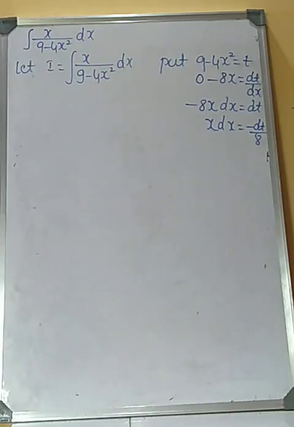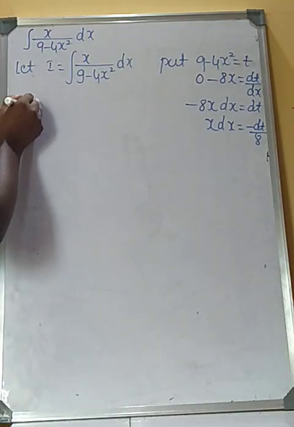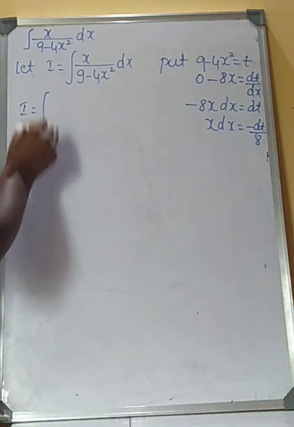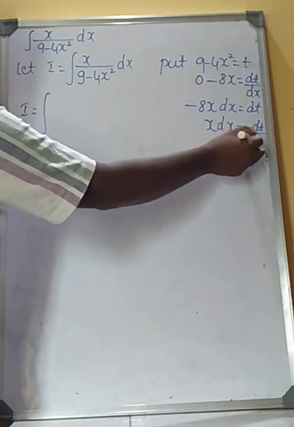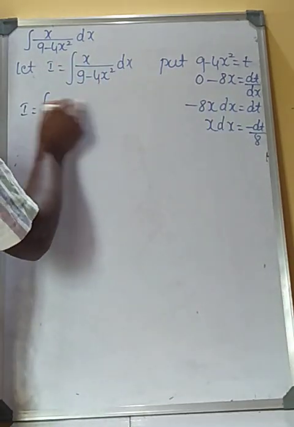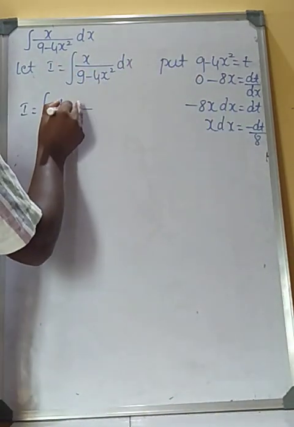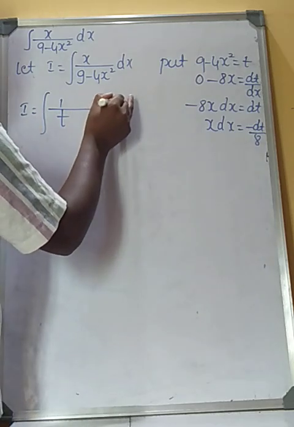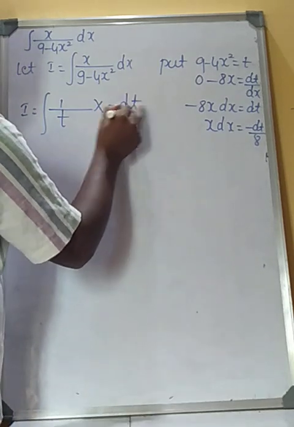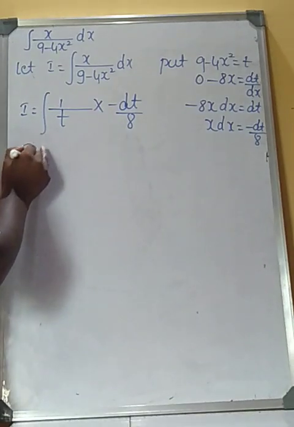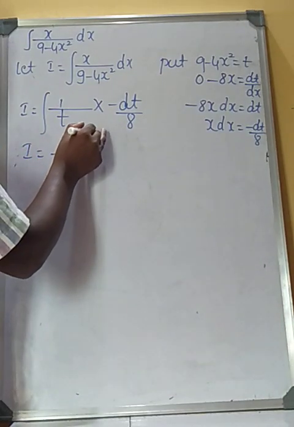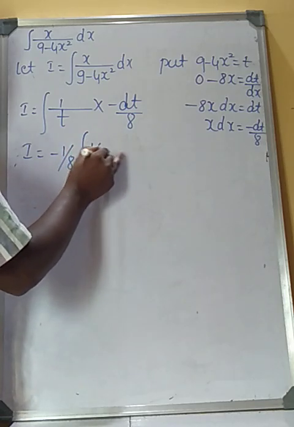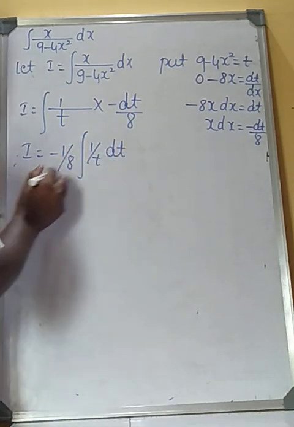Therefore I is the integral of 1 divided by 9 minus 4x square, which is t, into minus dt by 8. Therefore I is equal to minus 1 by 8, written outside, integral of 1 by t into dt.